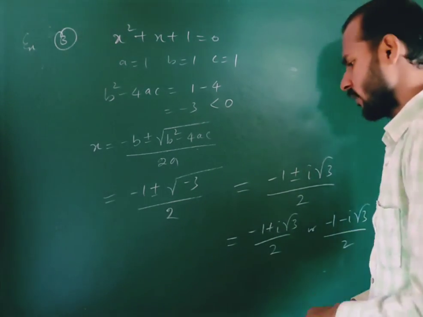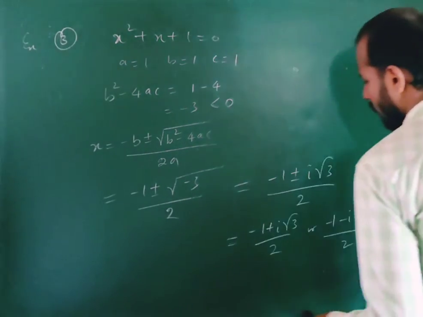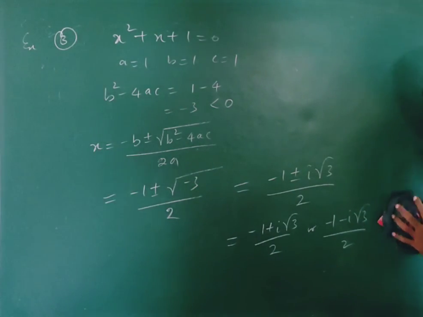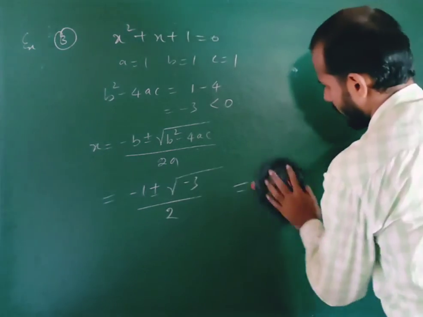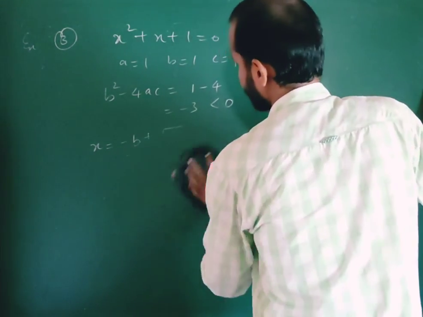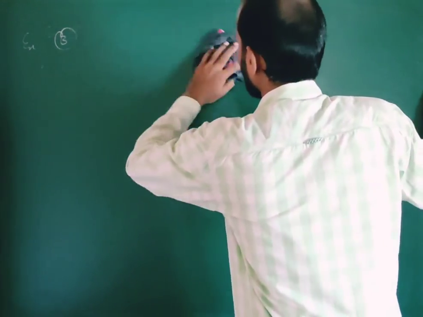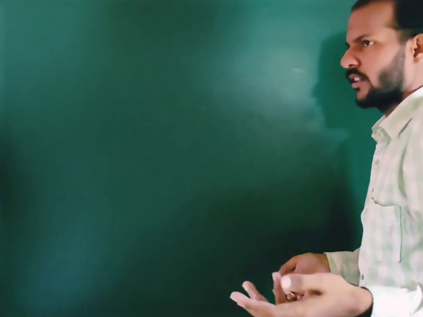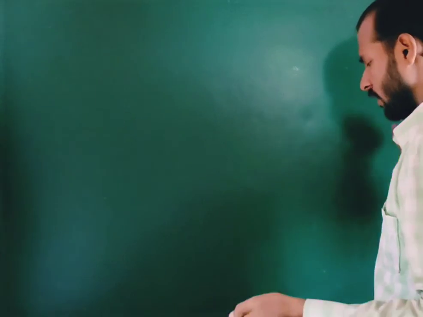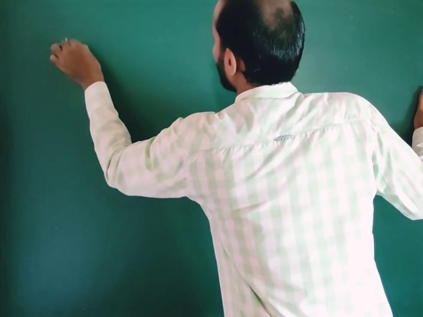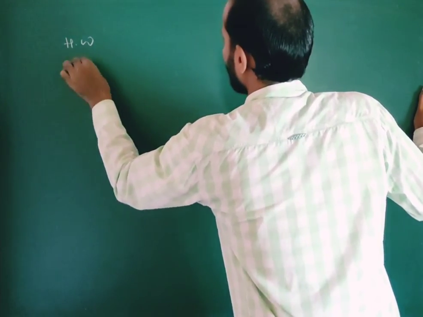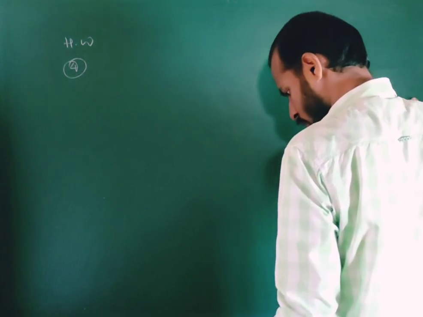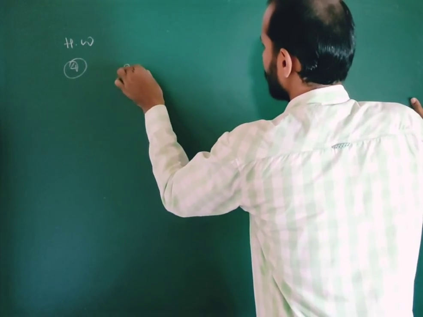Similarly, 1 or 2 examples I will give you as homework, do at home, right? It's a very basic concept about the number system, the extension of a number system. After real numbers, we come across the complex number. Some homework: this fourth one, 2x square plus x plus 1.